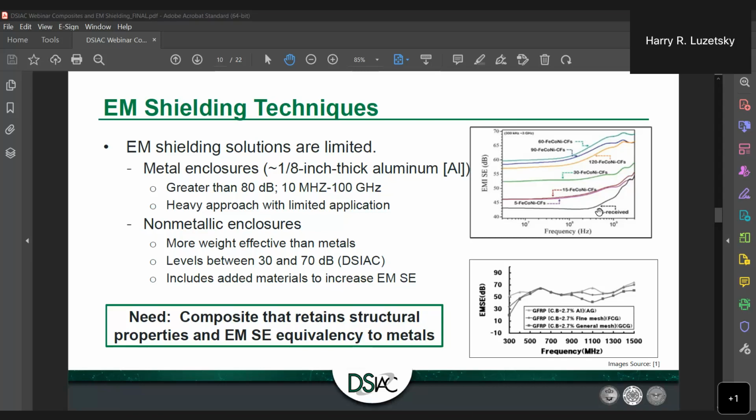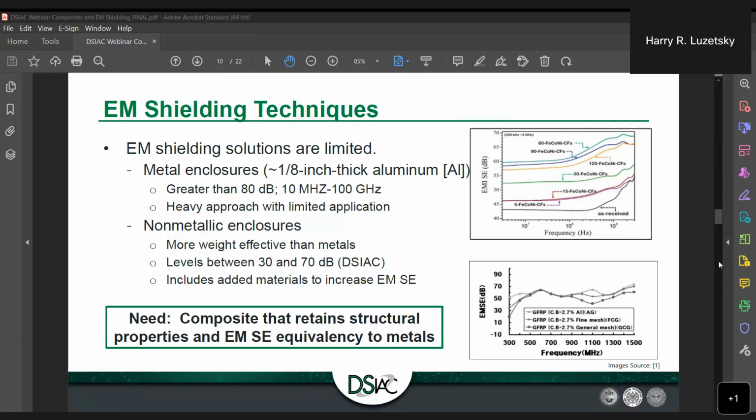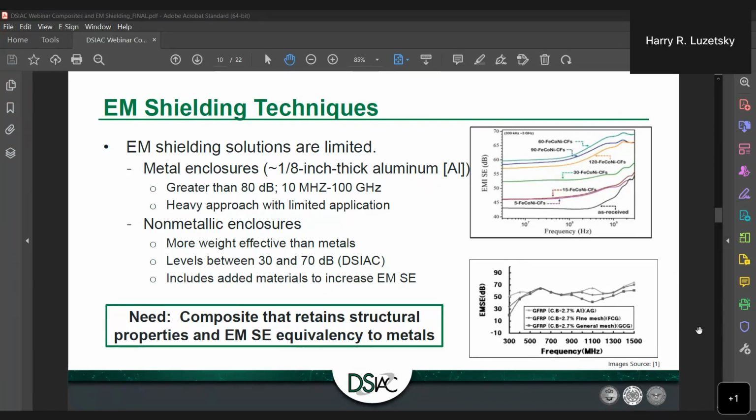Non-metallic enclosures, using the techniques that I mentioned earlier, are more weight effective, but typically only reach levels between 30 and 70 dB. This is out of a DSIAC search. That seems to be about where they're at. This includes materials added to increase the electromagnetic shielding effectiveness. So it's not just a graphite reinforced plastic, but it's also those that have these other additives in there as well.